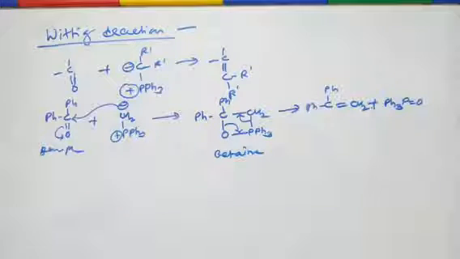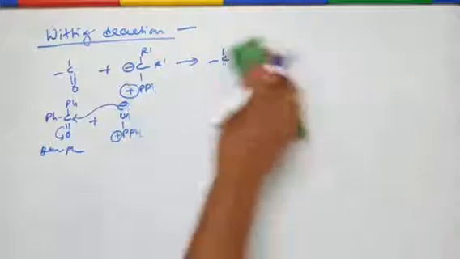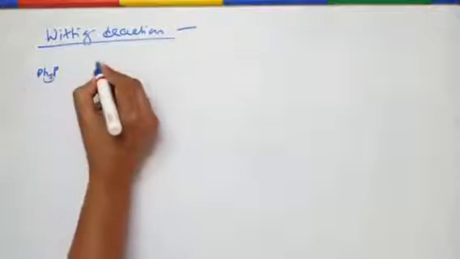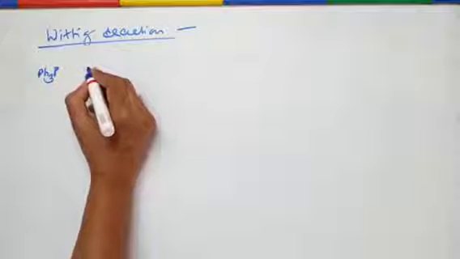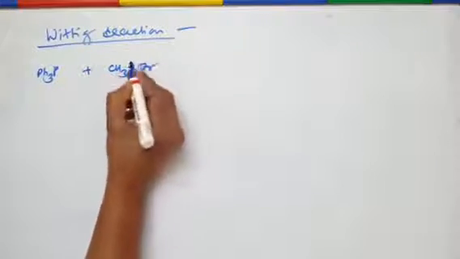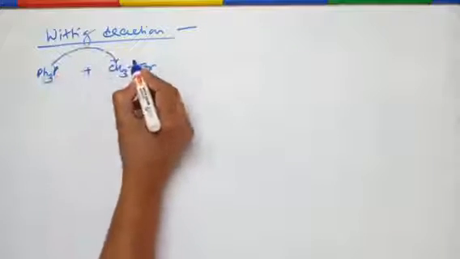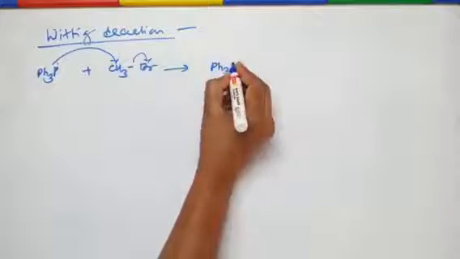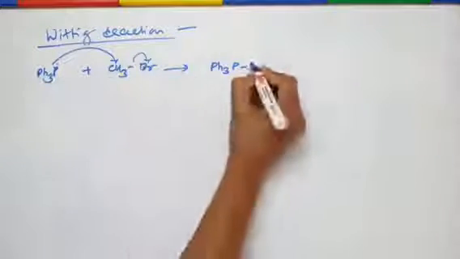So first you have to treat this PPh3, triphenylphosphine, with the alkyl halide. For example, here it is methyl bromide. Now there is a lone pair on the phosphorus, it is going to attack on the methyl group and bromine leaves, so there is a formation of bond.